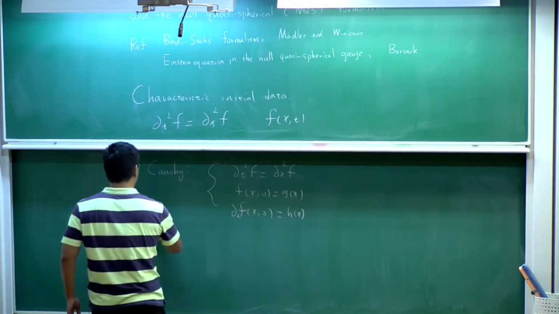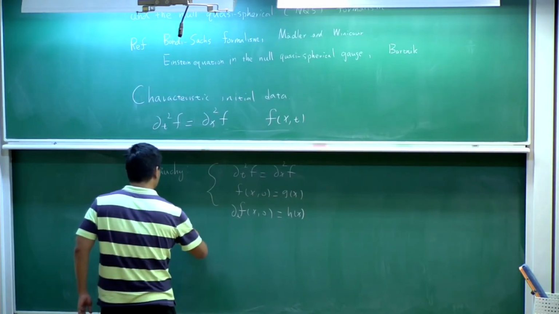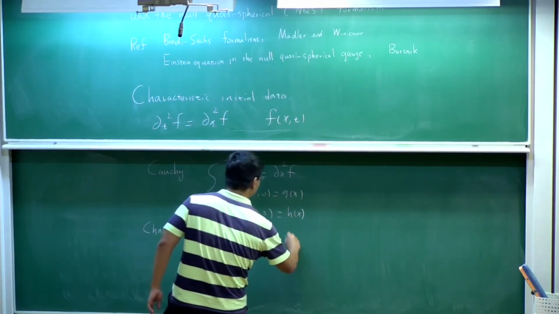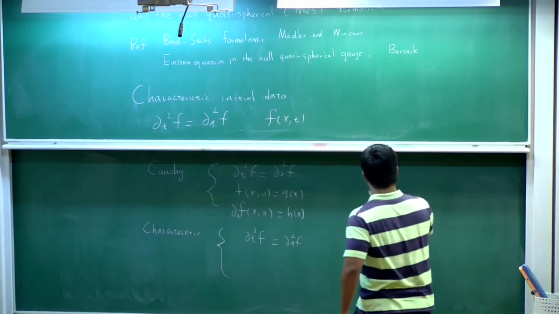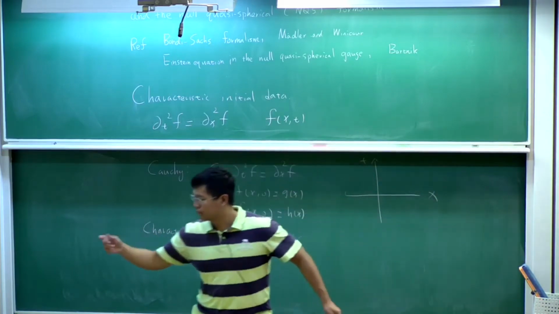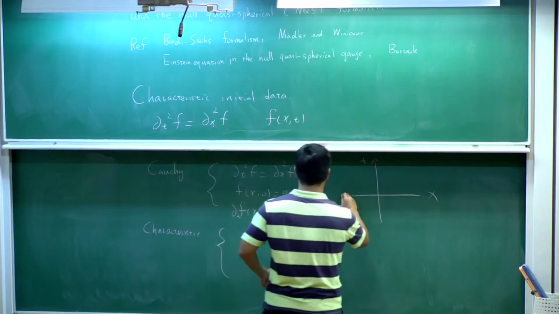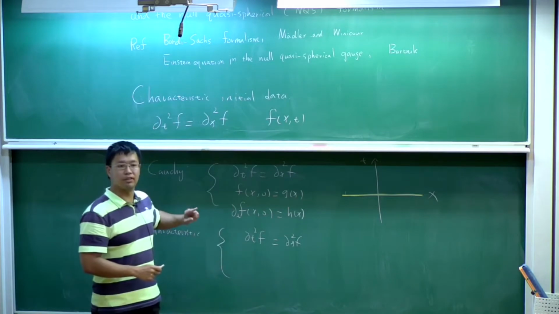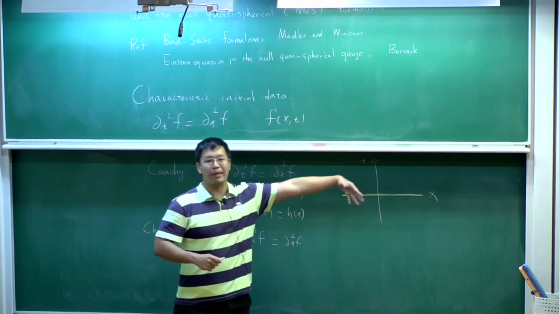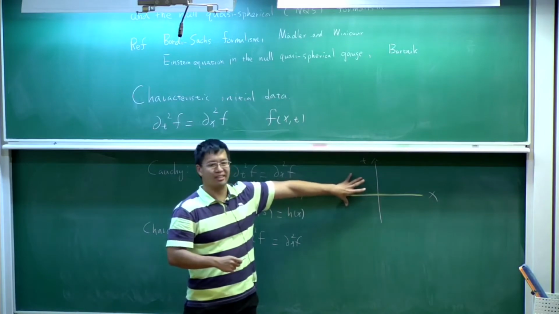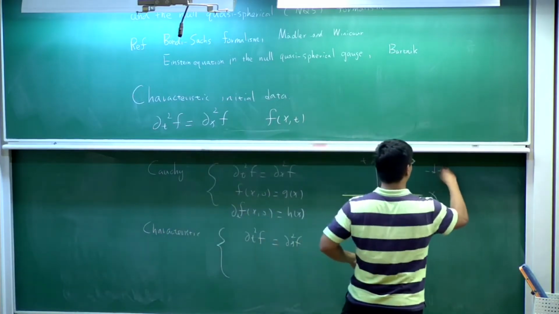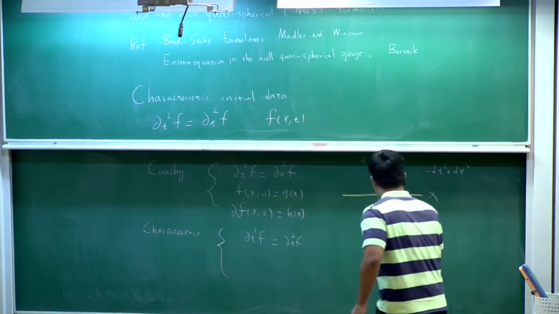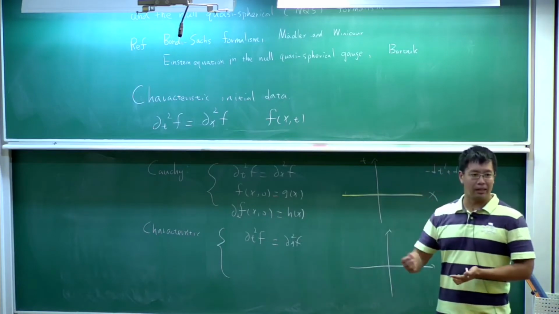For the characteristic initial data, instead of assigning f and its derivative in t on t equals 0, which is a space-like hypersurface with respect to the 1+1 metric, we can instead prescribe the functions on a null hypersurface.